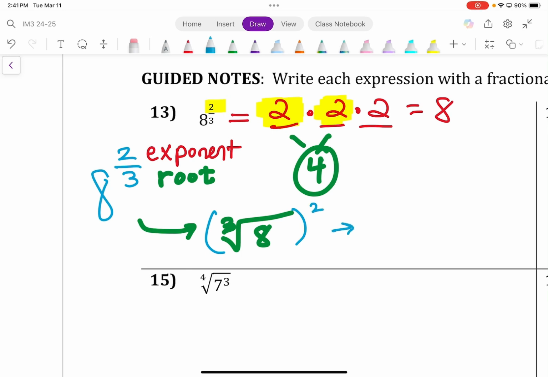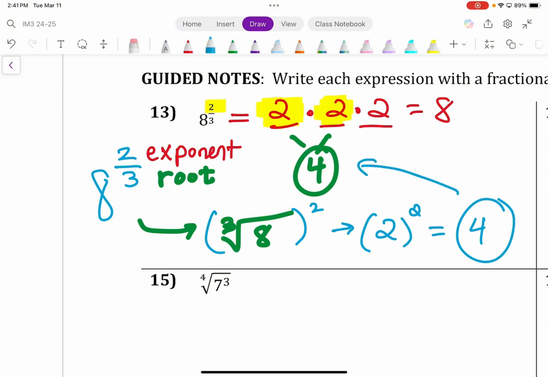Now what is the cube root of 8? What number times itself 3 times gets you 8? 2. So we have 2 squared. And what's 2 squared? 4. And so you end up getting the same answer, but you're doing it a different way. In this second method, you have to identify the exponent and identify the root from the fraction that we give you.